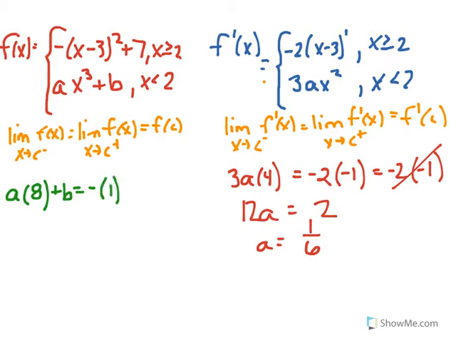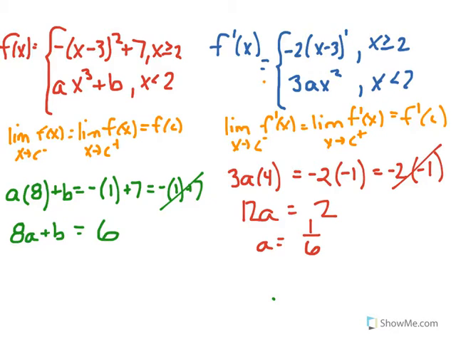Gotta be careful of those signs. Plus 7 equals negative 1 plus 7. Extraneous, that piece can go. So this becomes 8a plus b equals negative 1 plus 7. Last time I checked is still 6.